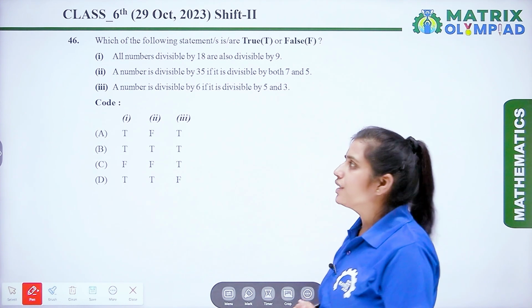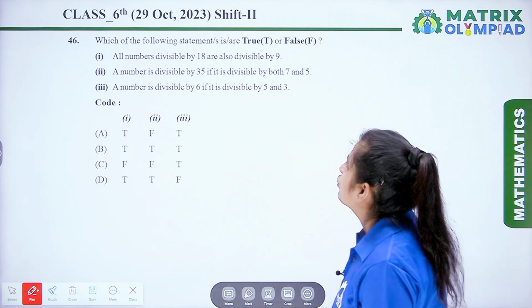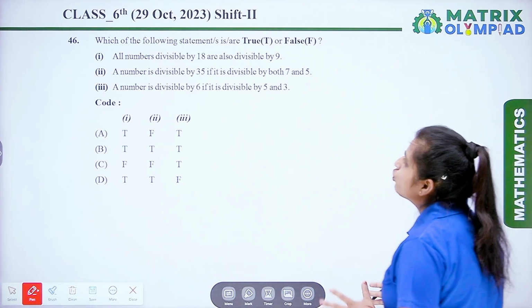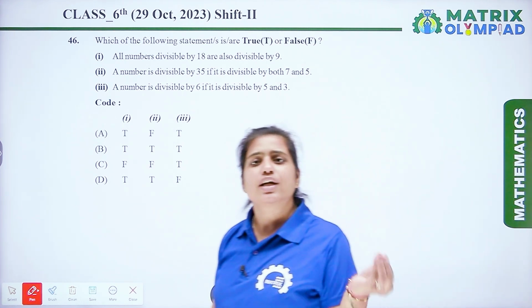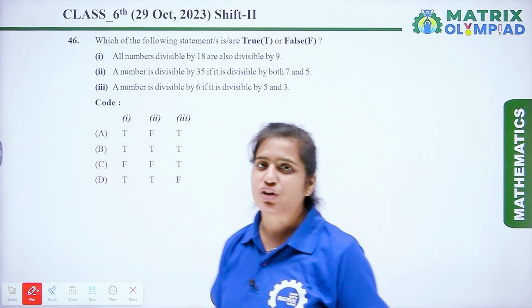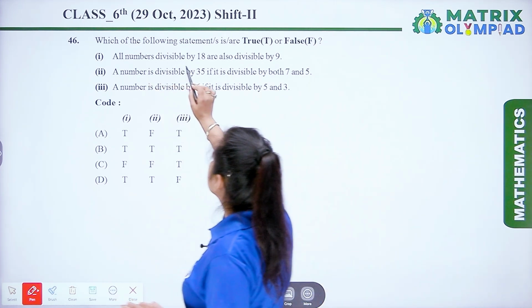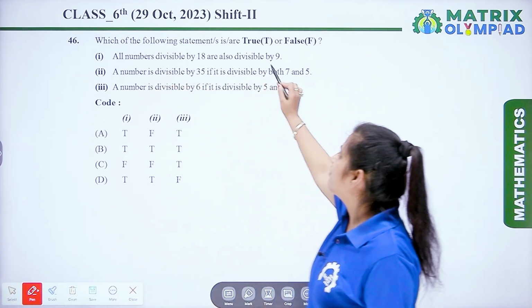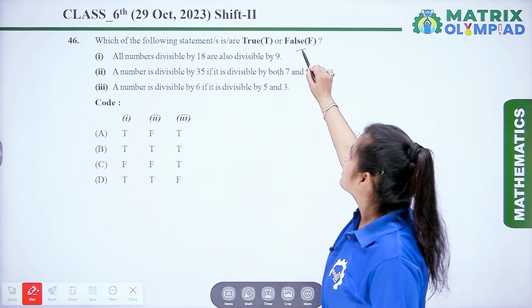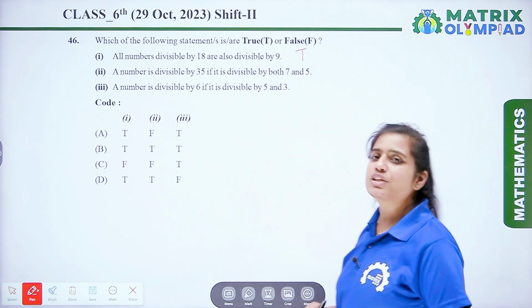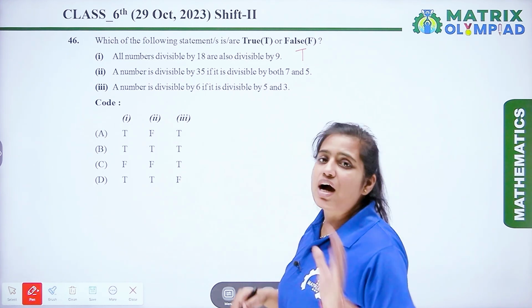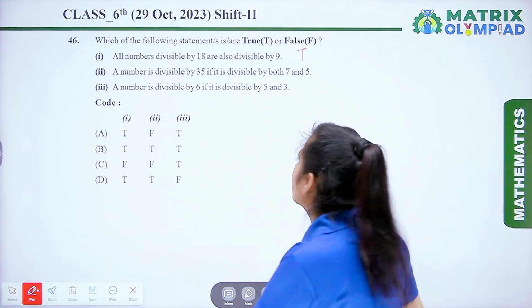Now the next question is question number 46. Which of the following statement is true or false? Again we have to find out which statement is true and which is false. Now let's start with the first statement. All numbers divisible by 18 are also divisible by 9. Yes, this statement is true. All the numbers which are divisible by 18 are also divisible by 9.